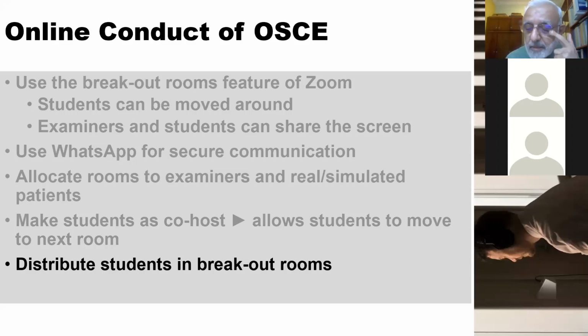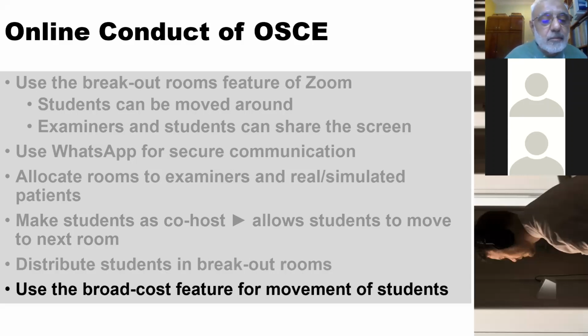This means that the one controlling person is present on the main platform, whereas students, examiners, and patients are in their breakout rooms. And by using the broadcast facility, the person in charge can direct the students to move from one room to another.